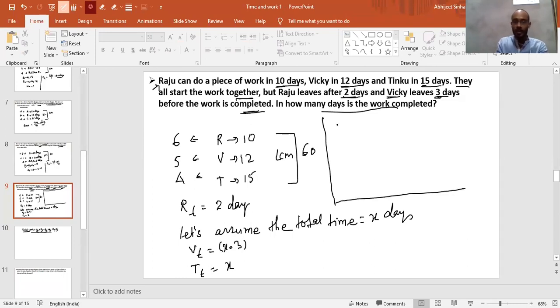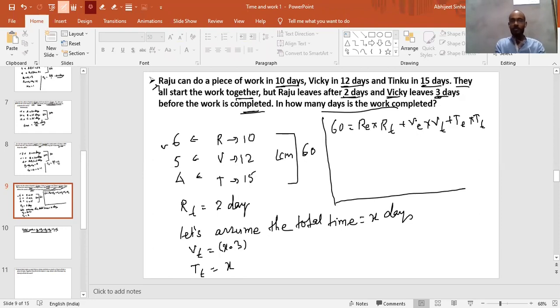What we will do here: the total work we know is 60. So just write this 60 here, and Raju's efficiency is what? 6. Let me write it like this to understand better: total work equals Raju's efficiency into time, plus Vicky's efficiency into time, plus Tarun's efficiency into time. That is the work done by Raju plus the work done by Vicky plus the work done by Tarun.